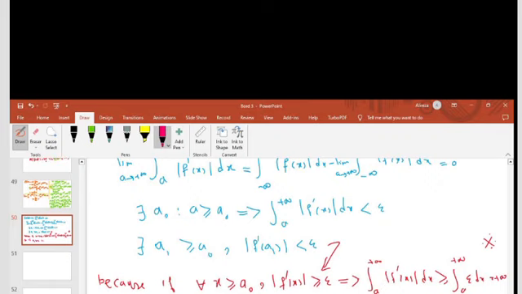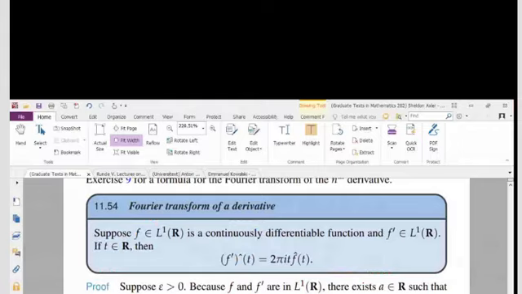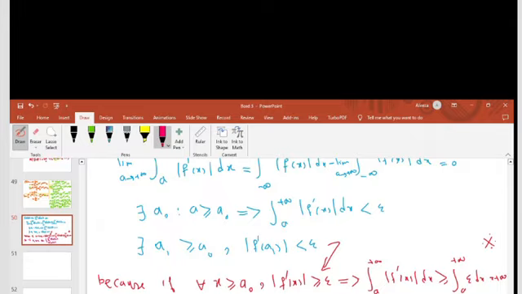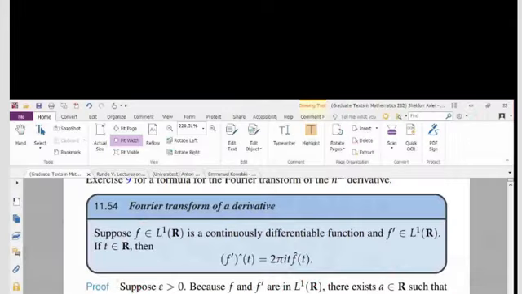Then this integral is less than epsilon, and also this is less than epsilon, okay? In book, we consider a1, for example, okay?